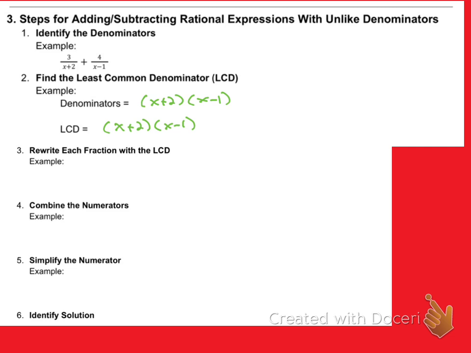So what we would do is, for the first term, multiply the numerator and the denominator by x minus 1 to get the same denominator. The second term, we would multiply the numerator and denominator by x plus 2.